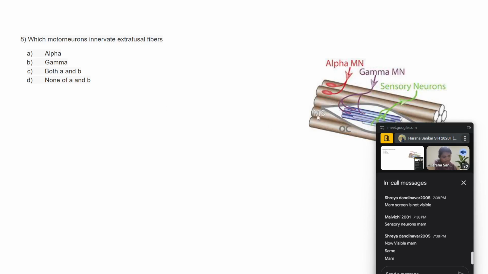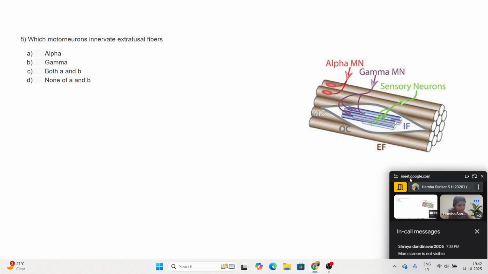Look, this is the extrafusal fiber. Extrafusal fibers are innervated by alpha, and the intrafusal fibers, or sensory elements present, are innervated by gamma. So alpha is innervating extrafusal fibers. The correct answer is option A.